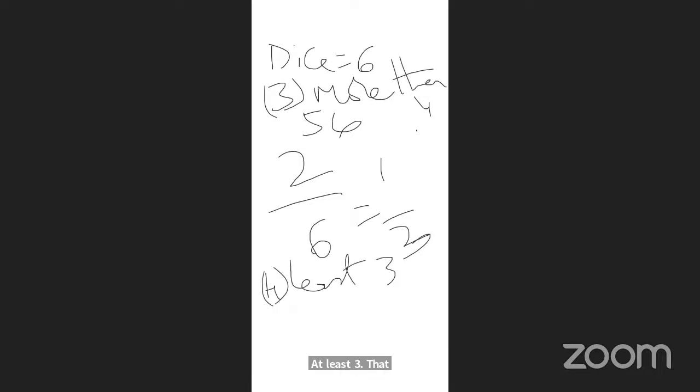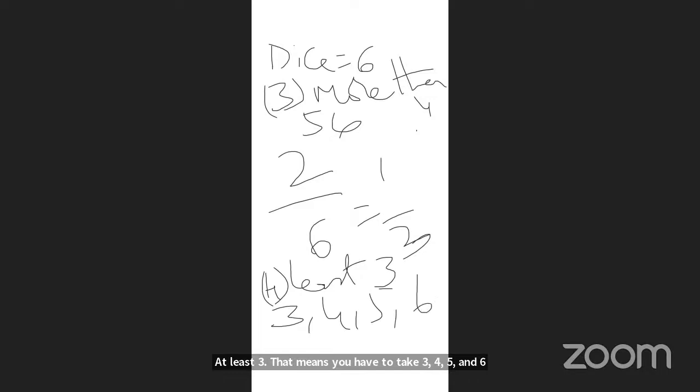That means you have to take 3, 4, 5, and 6. There are 4 numbers you have. That means 4 by 6, which is 2 by 3 is the answer. Followed? Are you following? Yes, ma'am. Now, let us take one more problem.